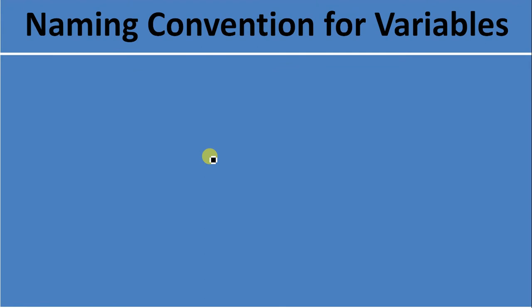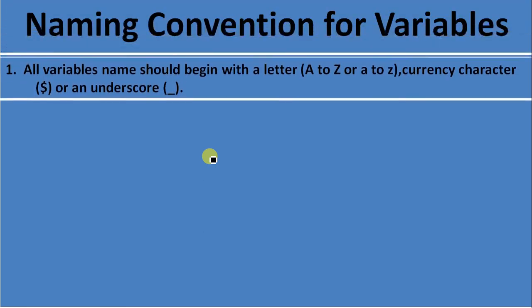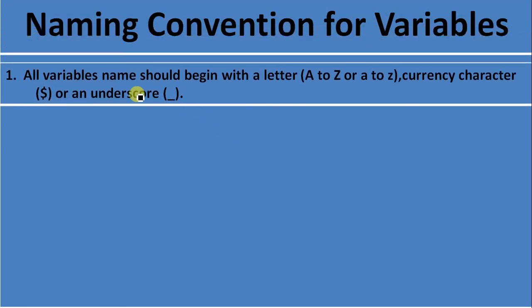Now we are going to learn the naming convention for variables. That means when we define a variable, how to give the names of the variables and what is the rule for defining the name of the variables. Number one rule is all variable names should begin with a letter.